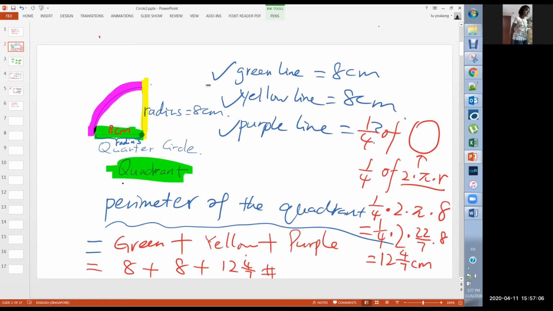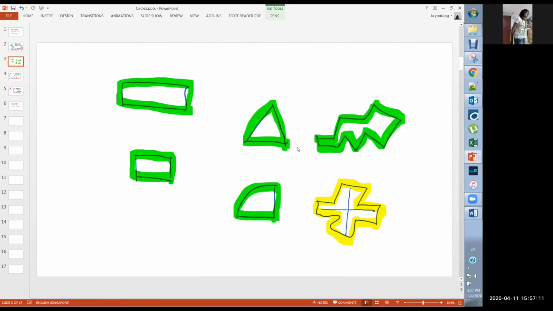Why? Because how to find perimeter? Plus, or trace and plus. Trace, right? So if I tell you here is 2, here is 1.5, here's 3, here's 4, here's 2, here's 2, here's 1, here's 1, here's 2, here's 0.5, here's 2, here's 3.